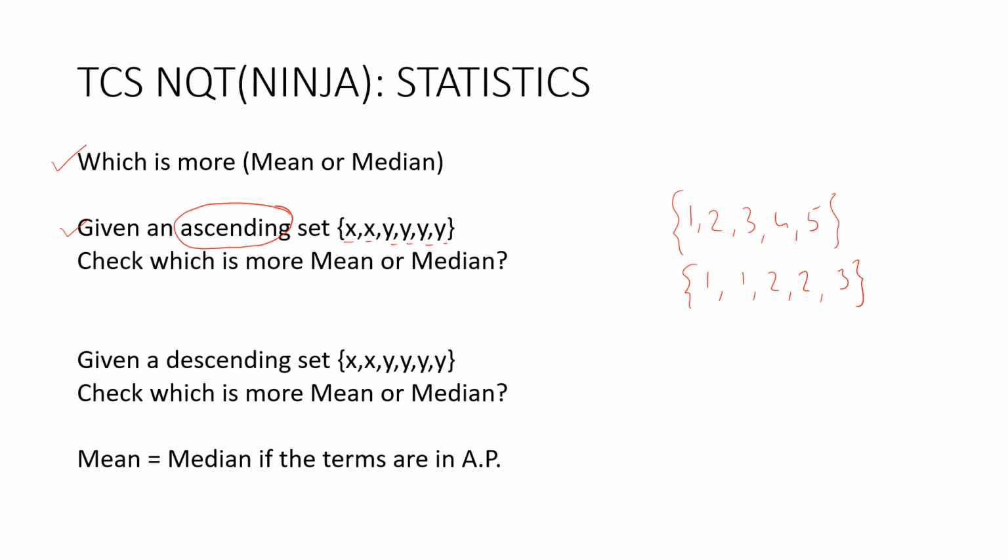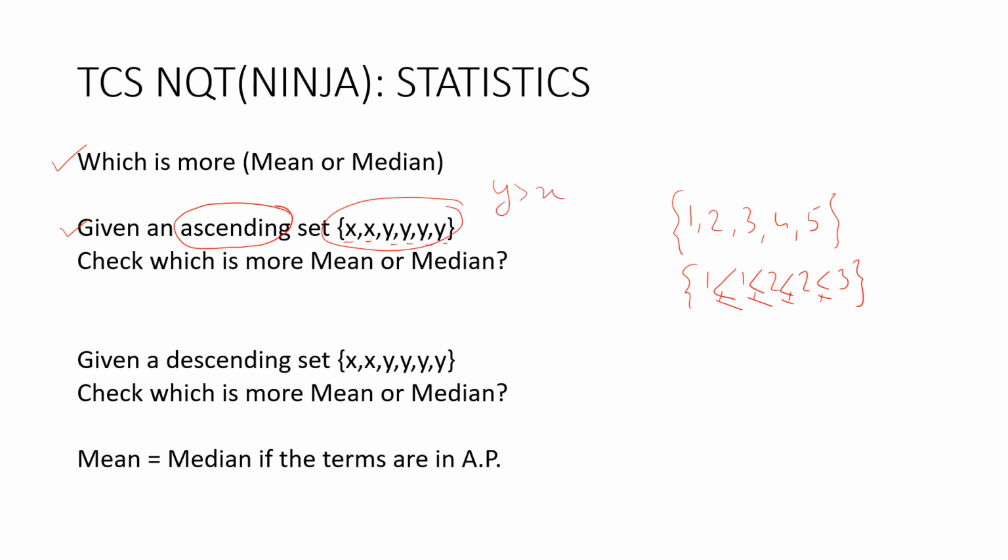Yes, it is going to be an ascending set still because the next term is either more or equal to the previous term. So if this condition is also maintained, then the set is still an ascending set. Now keeping this in mind, one thing is there that for this set, y is definitely more than x.